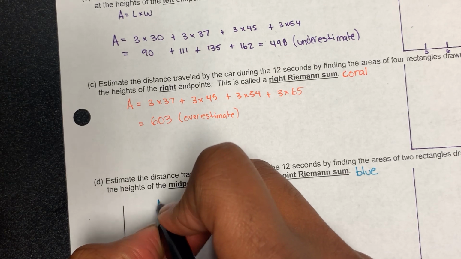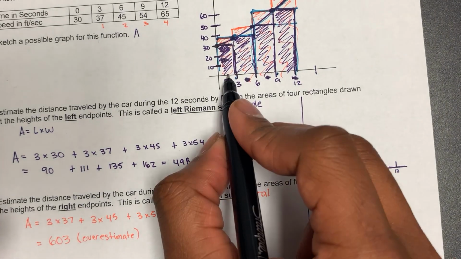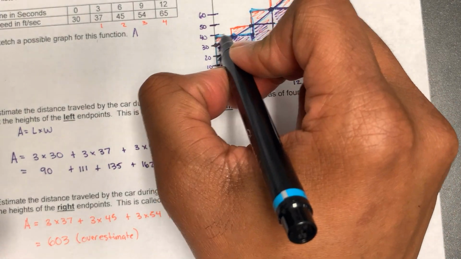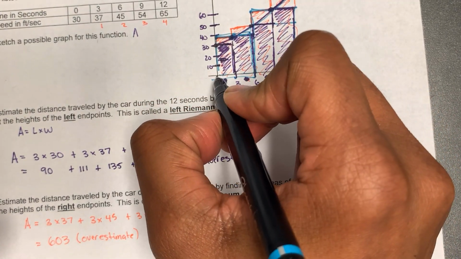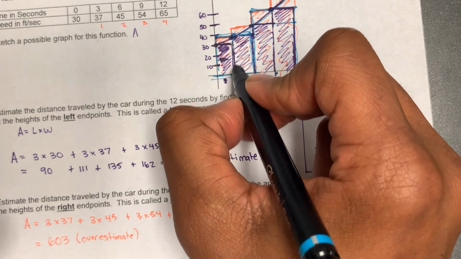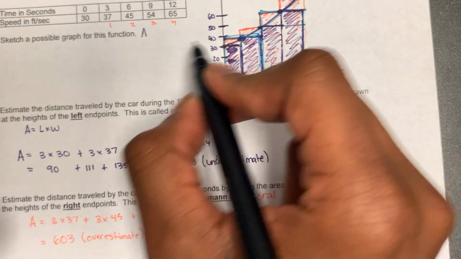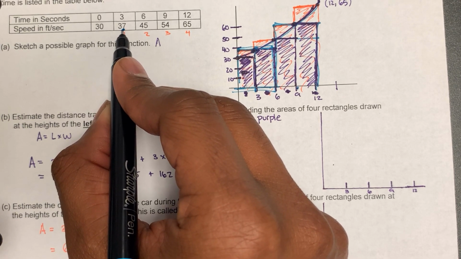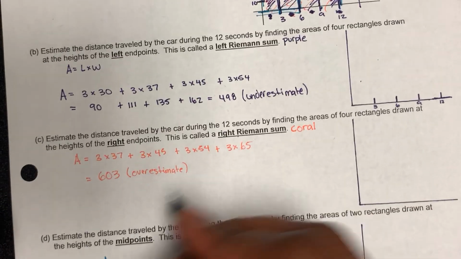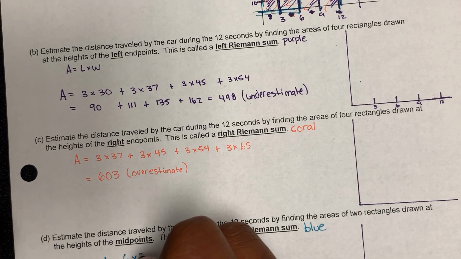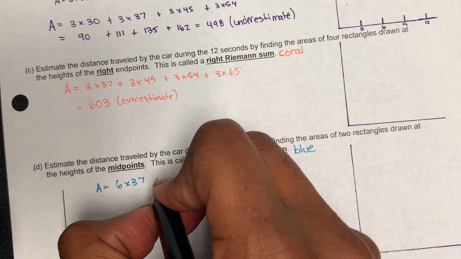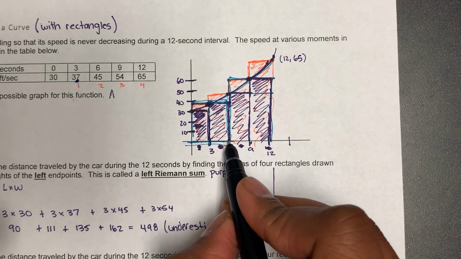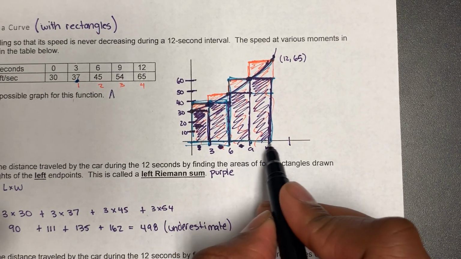So our area is going to equal, so this blue rectangle is 6 units wide, and we're using the y value at 3 for the height. So that's going to be 6 times 37 plus this rectangle also with a 6.